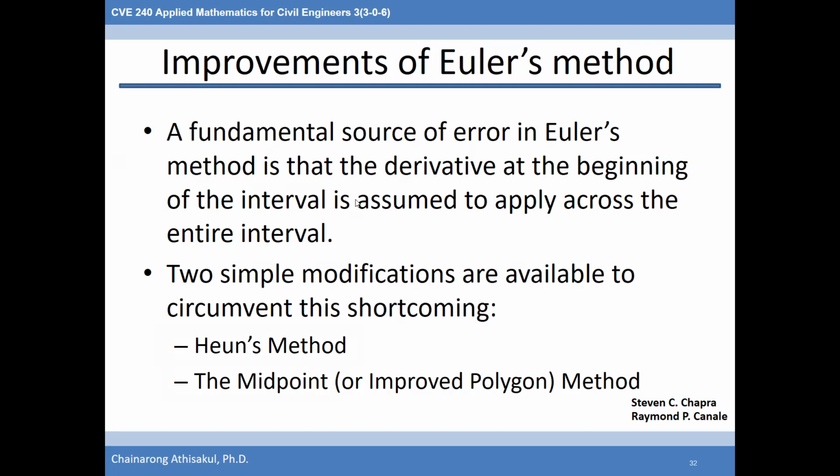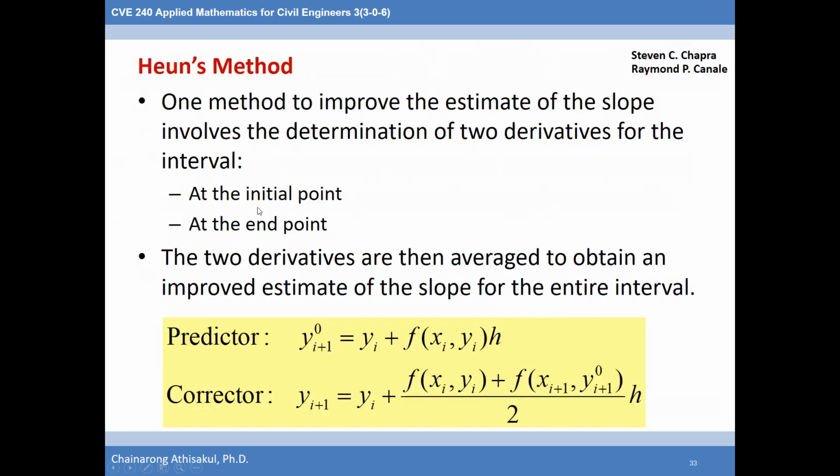Let's take a look. The first idea is Heun's method. From the Euler method, we predict the next value of y by using the initial slope. So for the Euler, we have this, right?